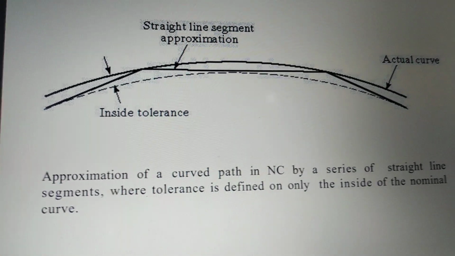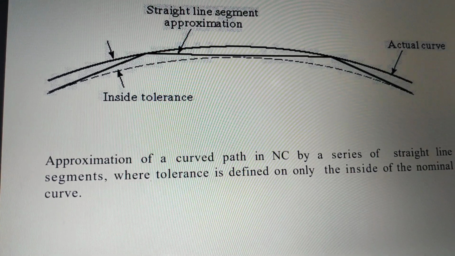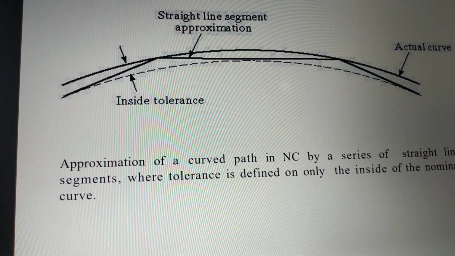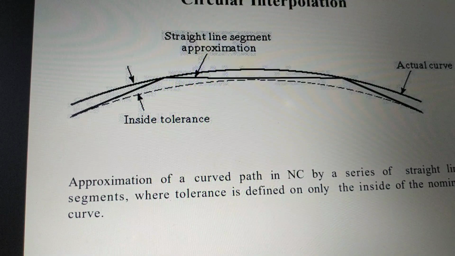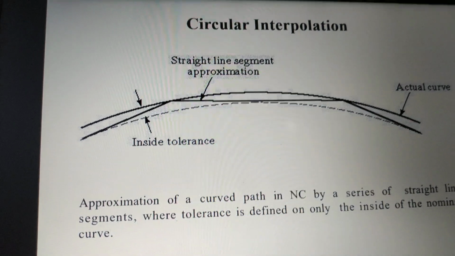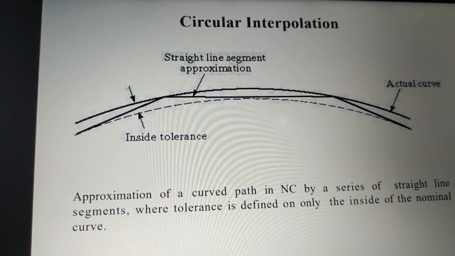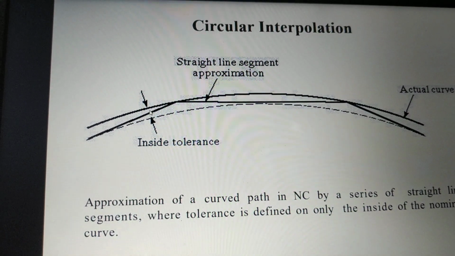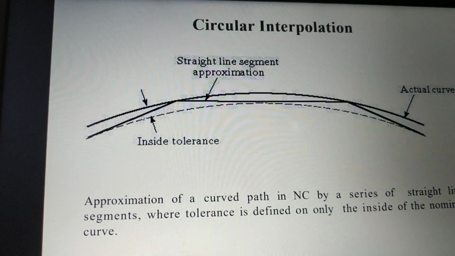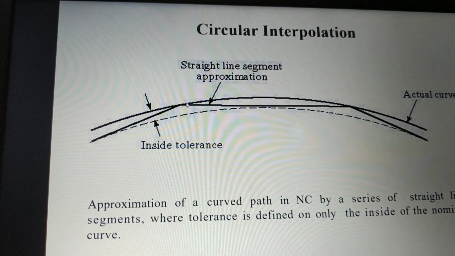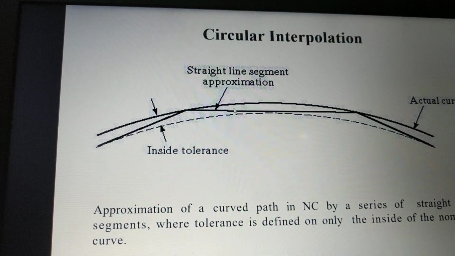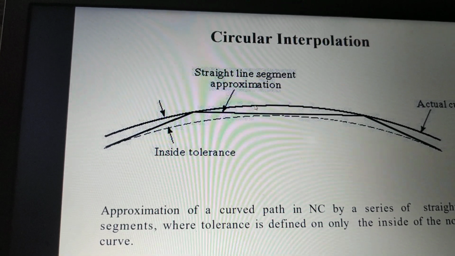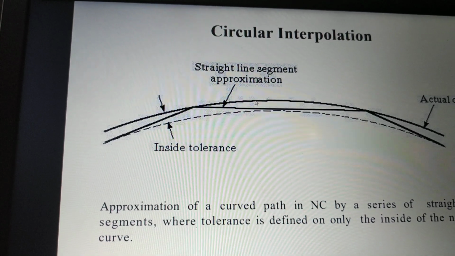So many segments of straight lines are approximated to a curved path. This is how the circular interpolation is done. You can see this is a straight line. This one is a straight line. Like this, so many straight line segments are approximated to the curved path.